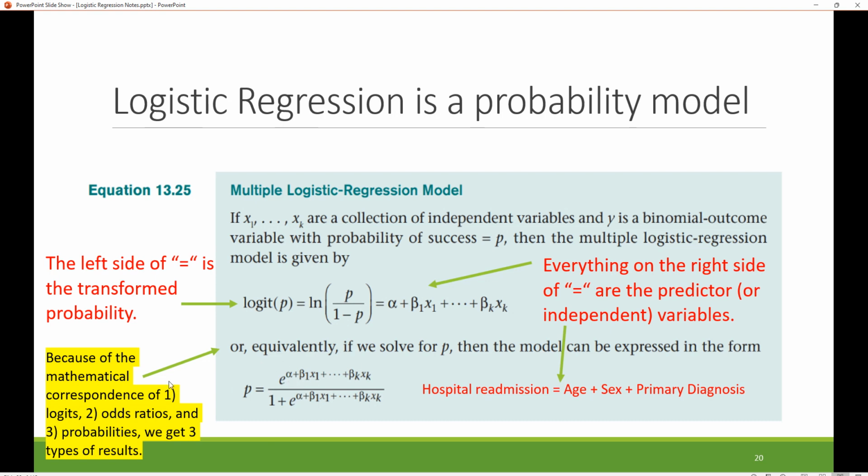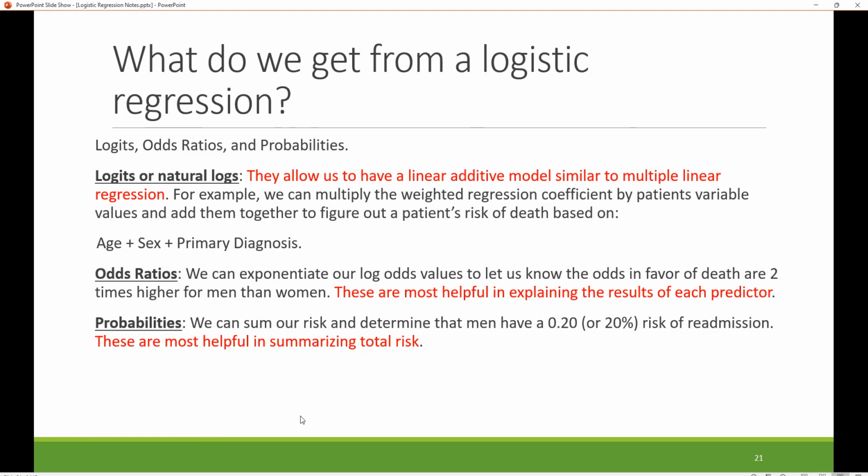And because of the mathematical correspondence of logits, odds ratios, and probabilities, we get three types of results. What do we get from logistic regression?